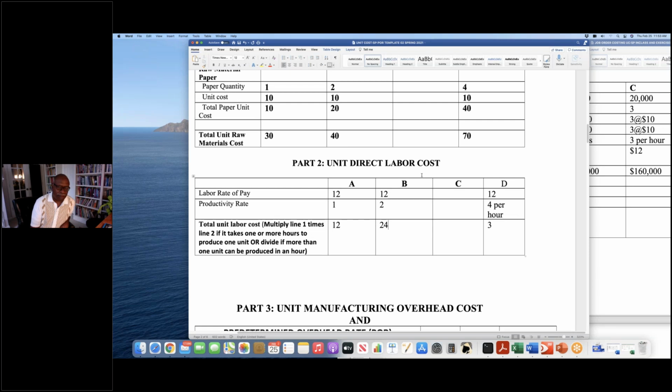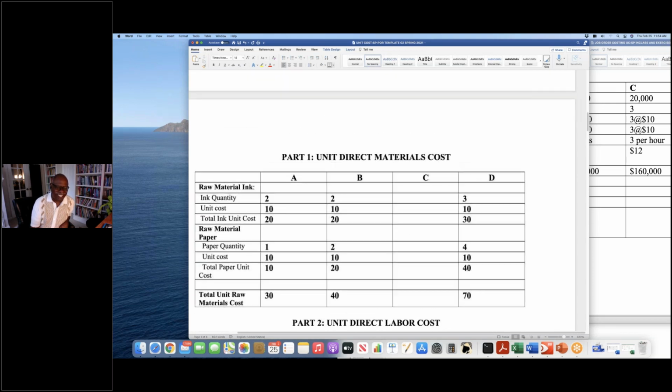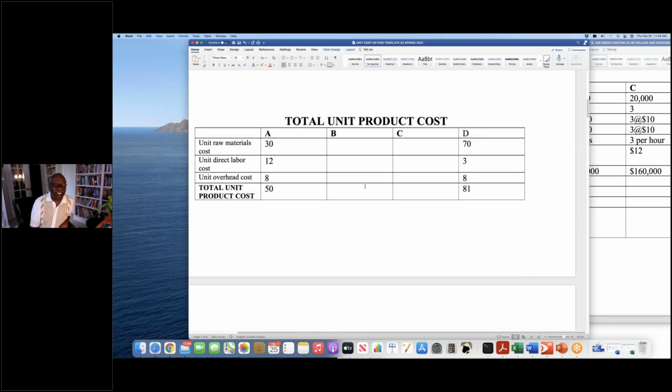What chart? You know what chart. I forgot the name of it. The total unit product cost chart. And how much did we say the labor was? 24.